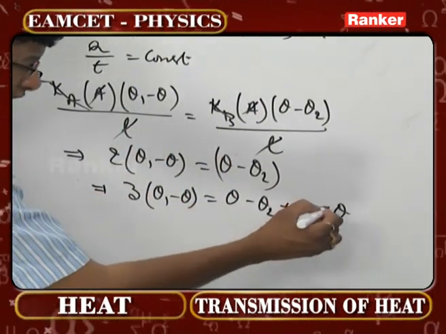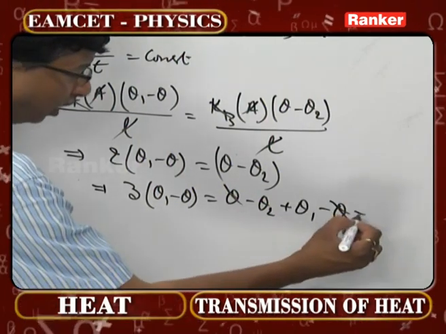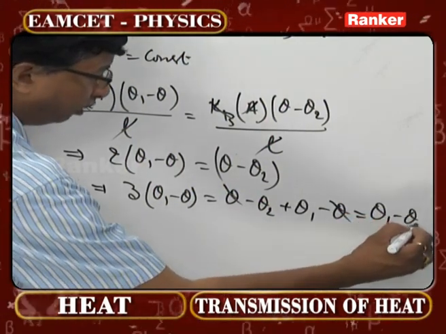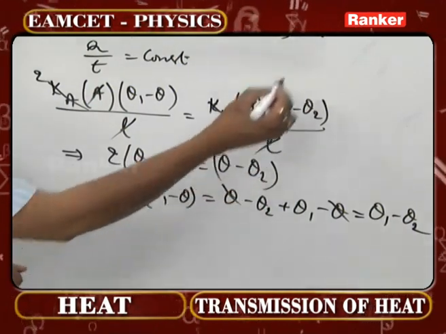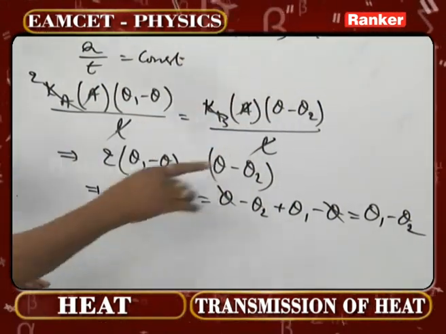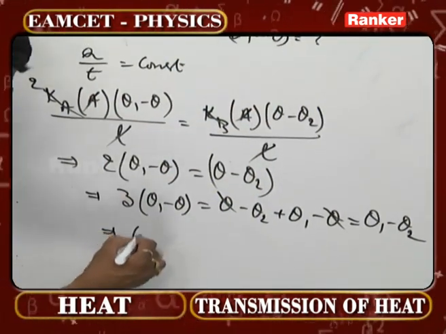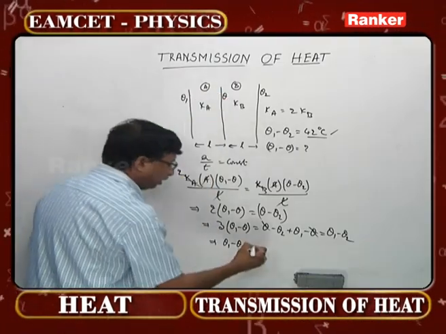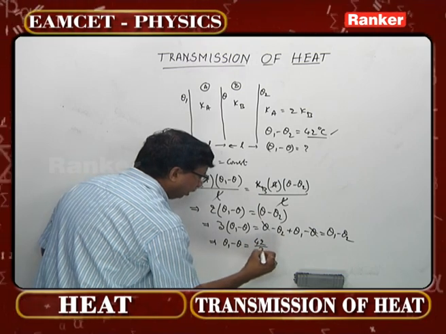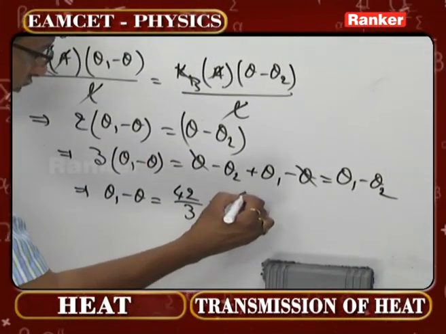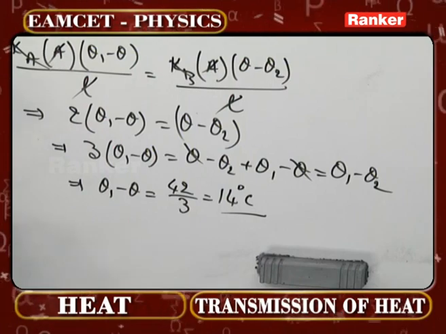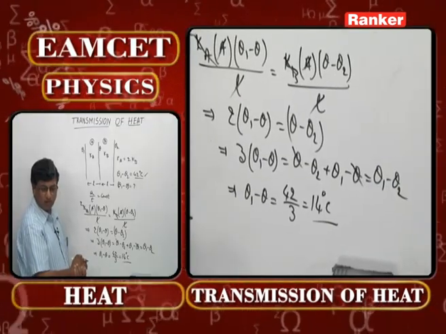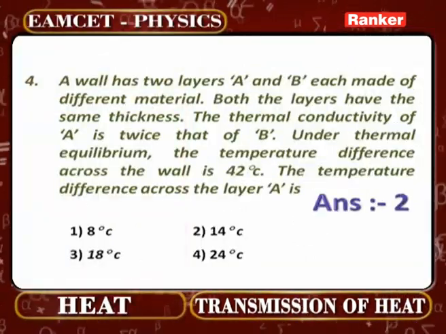Now theta gets cancelled, so what will be left over? Theta 1 minus theta 2 will be left over. What is that value given over here? 42. Therefore, theta 1 minus theta, which is the temperature difference across the first layer, will be 42 by 3. So how much should it be? 14 degrees centigrade. See option number 2 there, please. It is exactly given, 14 degrees centigrade.